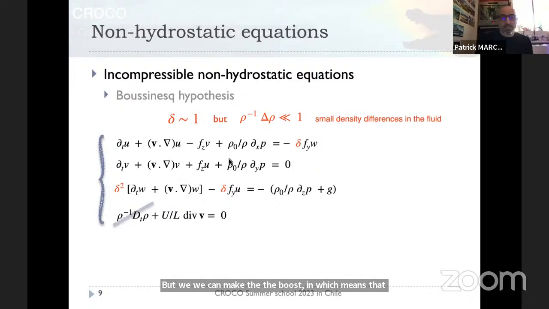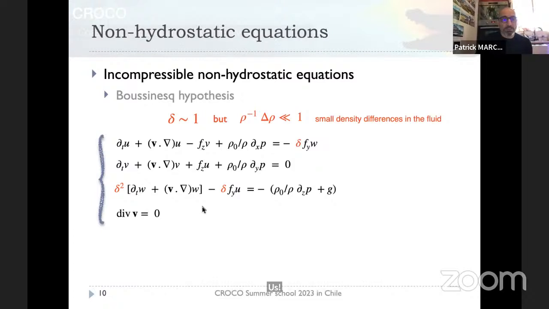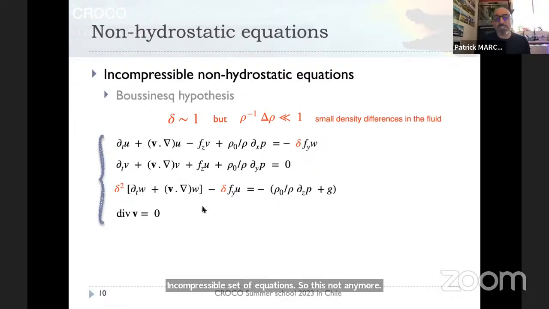And in this case, the term that tells us about the variation of density in time becomes very small, and we only keep a non-divergent term. So the Boussinesq hypothesis gives us an incompressible set of equations. So these are not anymore the compressible non-hydrostatic equations, but the incompressible non-hydrostatic equations. And for the ocean, people have used essentially these sets of equations for the very small scales.